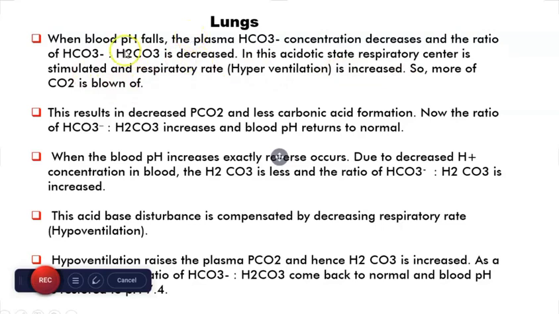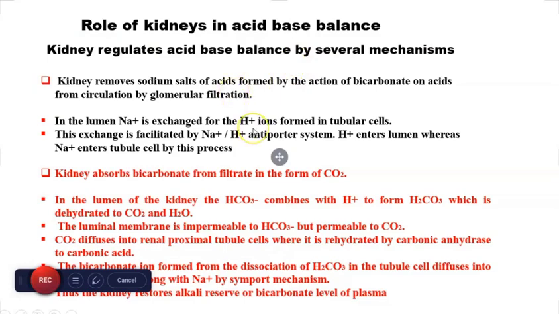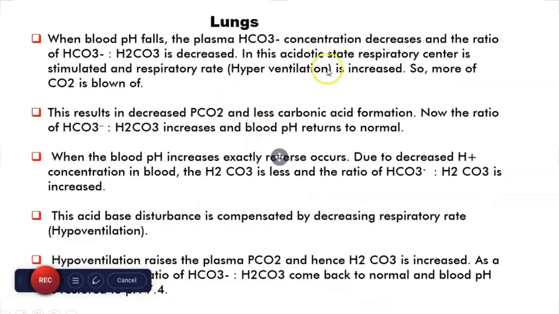What we are saying is this. Now the blood is already in the state of acidic, and so the respiratory center is stimulated because the body is already in danger.